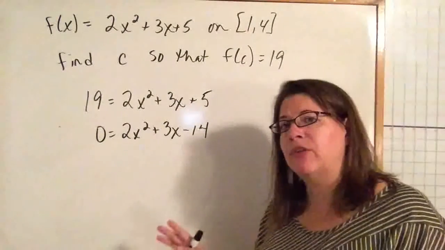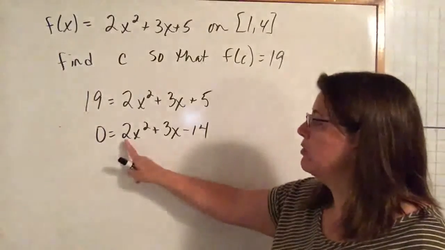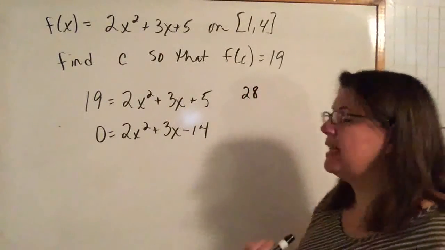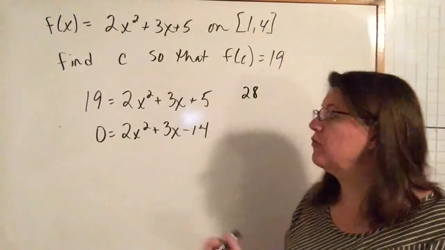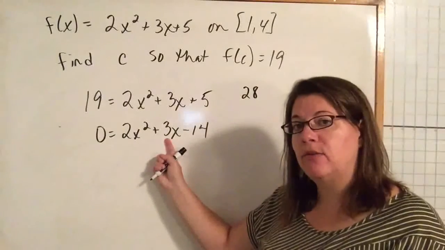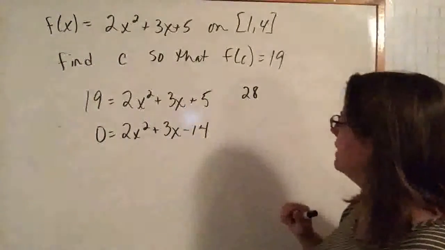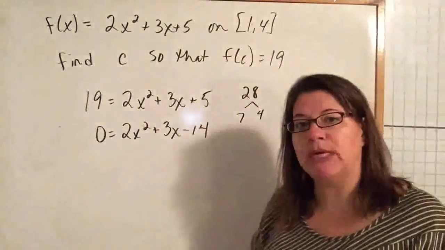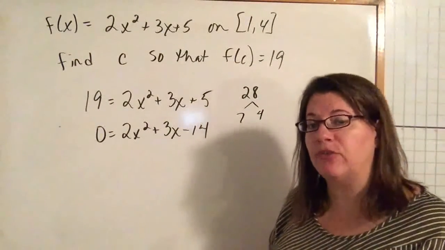So when we factor this one, we need to look for key numbers by multiplying 2 times 14. 2 times 14 is 28. So now what we're looking for are factors of 28 that subtract to give you 3. So if you think about that, factors of 28 that subtract to give you 3. Well, 7 times 4 is 28, and 7 minus 4 is 3. So that would work.